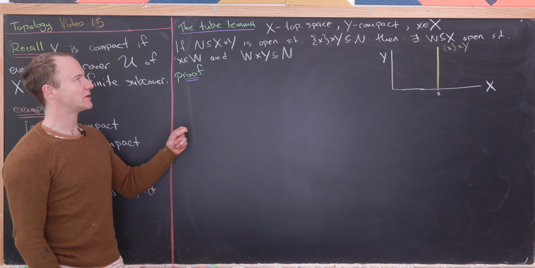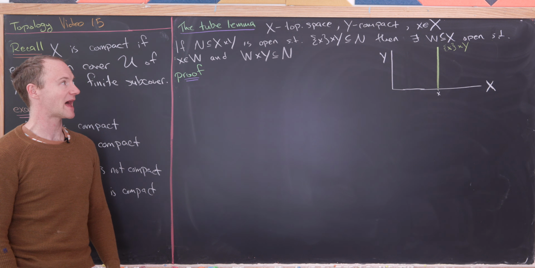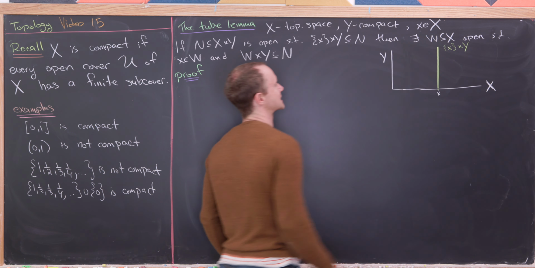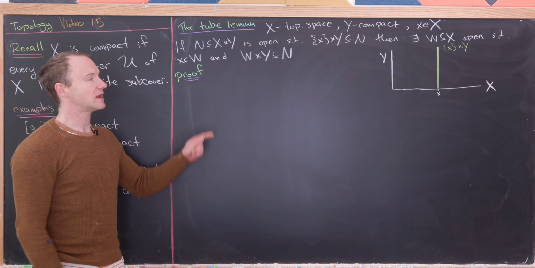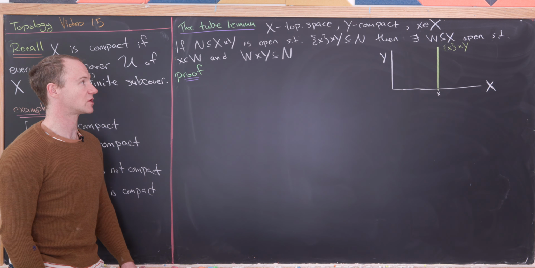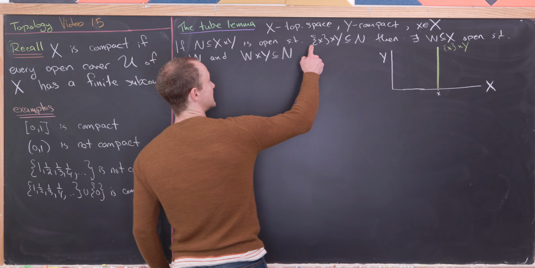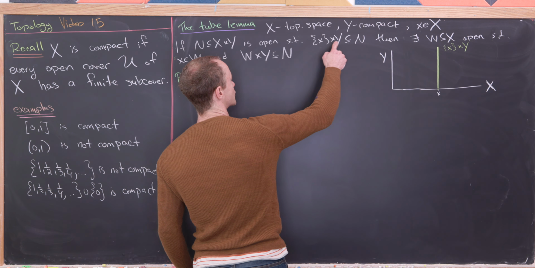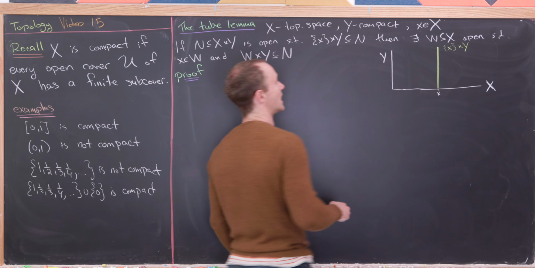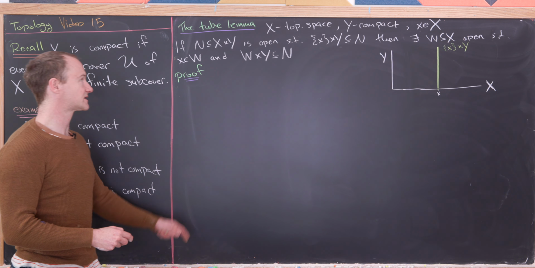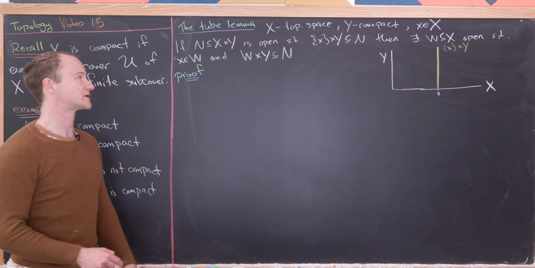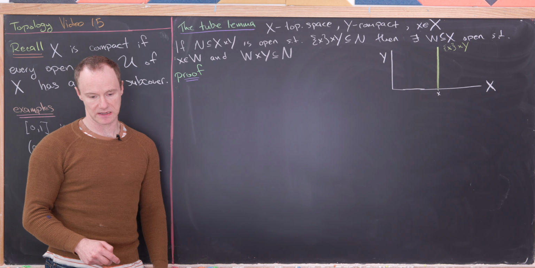So let's say we've got a topological space X and we have a compact space Y. Let's also say that we've got an element little x from big X. And if N is an open subset of the product X cross Y, so that the singleton containing little x, cross Y, is a subset of N, then there exists an open set W of X where little x is inside of W and W cross Y is a subset of N.